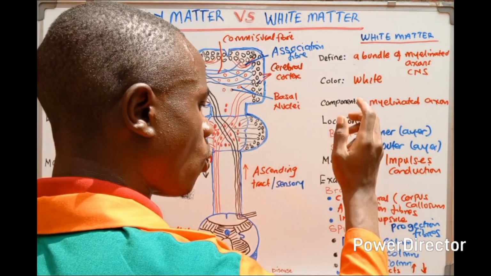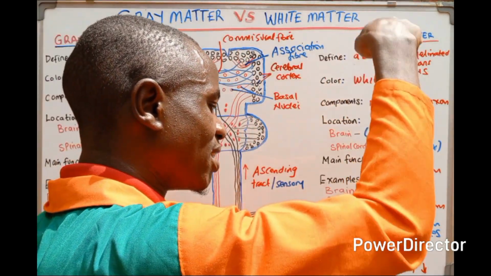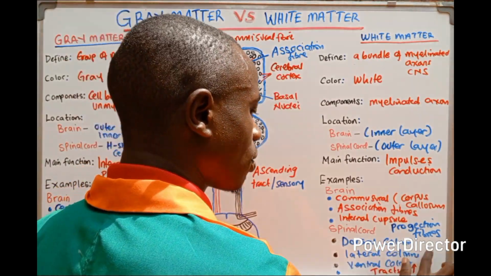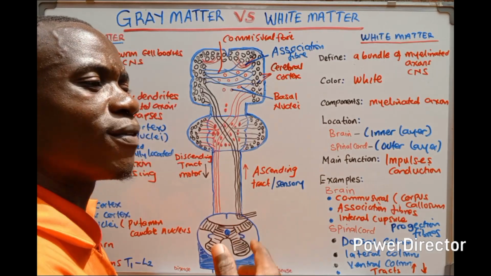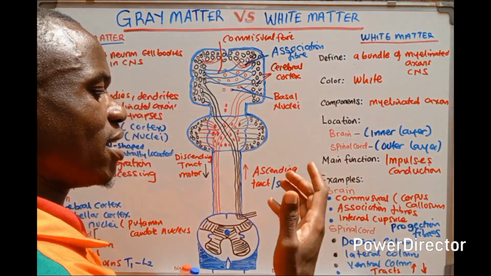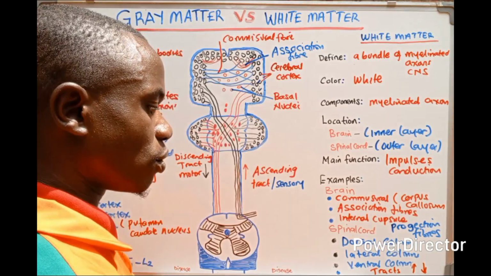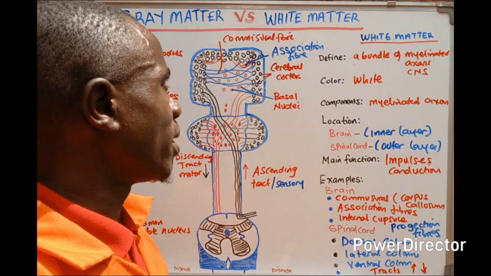We also have the white matter within the spinal cord, whereby you have the ascending and descending tracts. We also have the dorsal column, the lateral columns, and the ventral column. They are also called the funiculi: the lateral funiculi, the dorsal funiculi, and the ventral funiculi. Okay. This briefly covers gray matter and white matter.